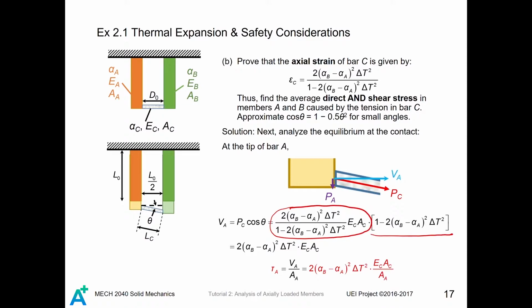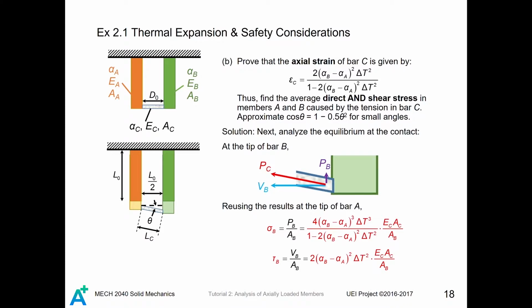Cosine theta is what we found in this part when deriving this formula. Then those two are cancelled out, and we have the shear force in this form. Therefore, the shear stress is just the shear force divided by the cross-sectional area.